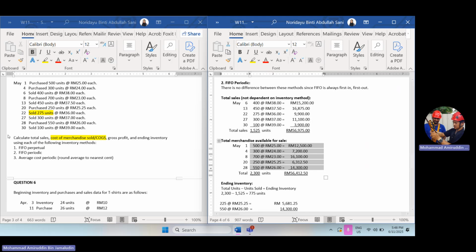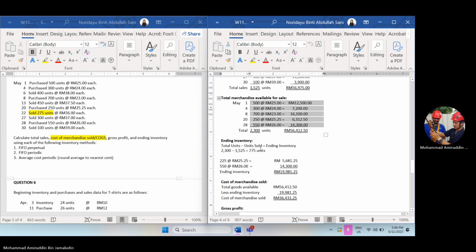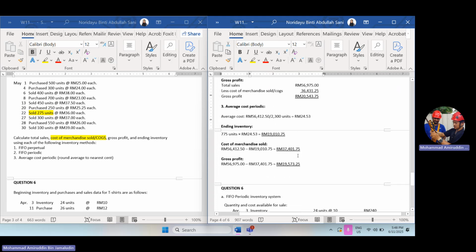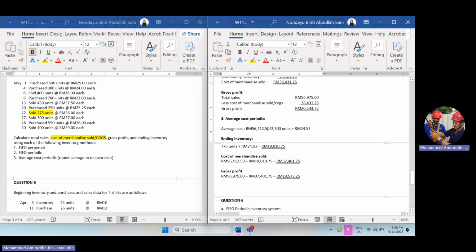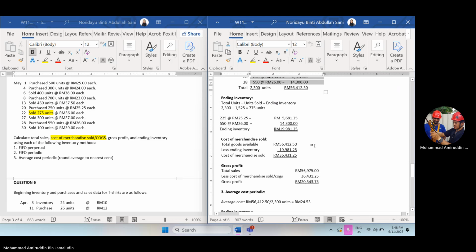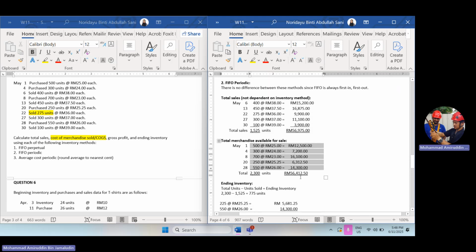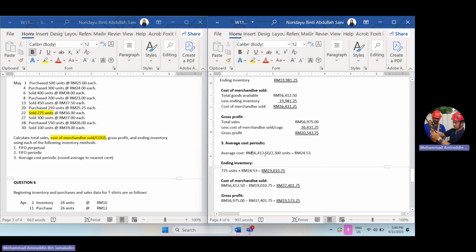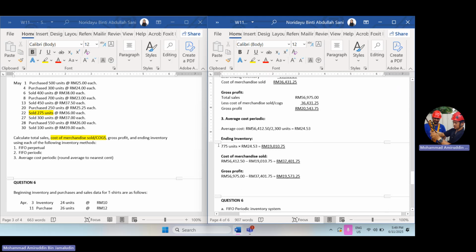Okay, let me complete the AFCO. The average cost, the moving average cost. If you get the answer okay, you go through again. If not okay, you get me. Okay, average cost, then much simpler. Cost of goods you purchase, divide with the unit. So I get this much. And then my closing inventory, the unit multiply the average cost.